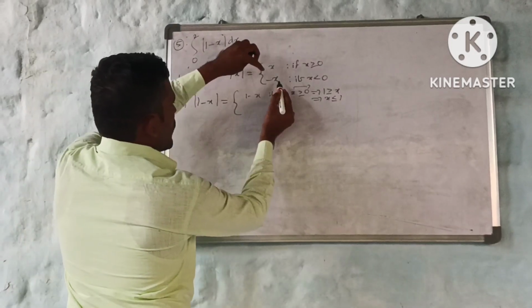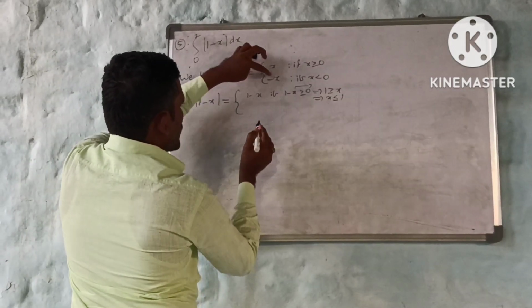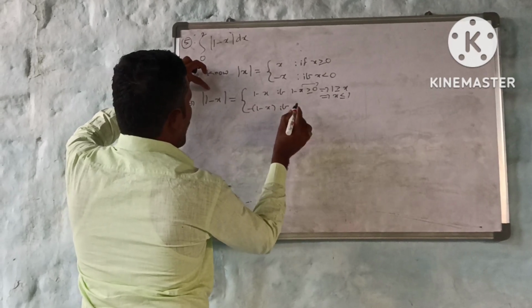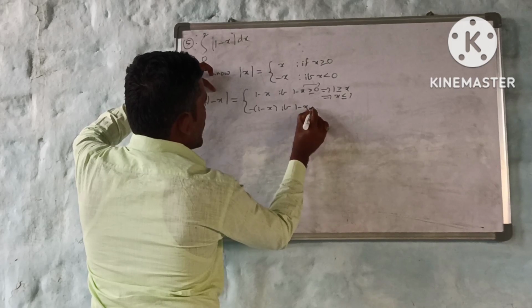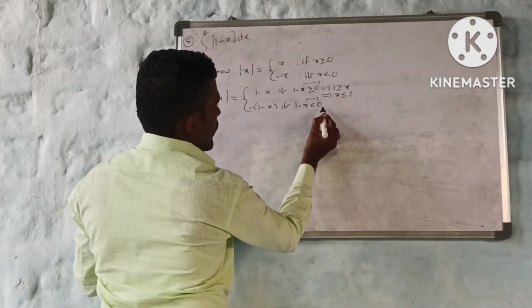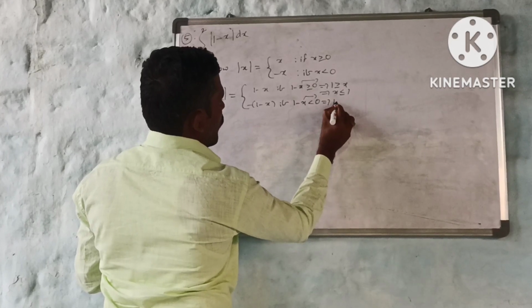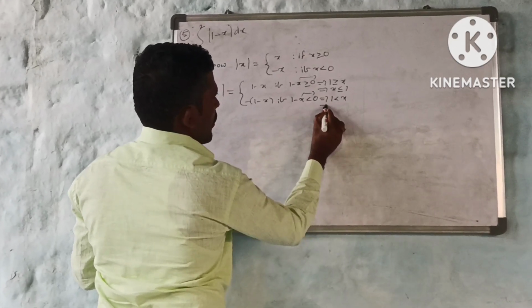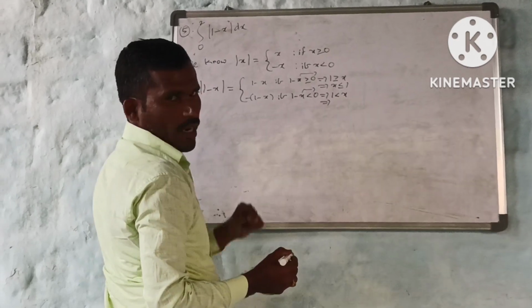The next one, for x less than 0, is minus of 1 minus x, if 1 minus x is less than 0. 1 minus x less than 0 means when I take this x to the right side, we get plus x, so 1 is less than x.